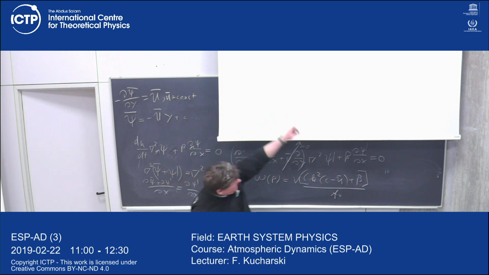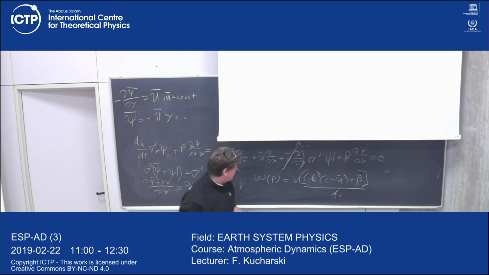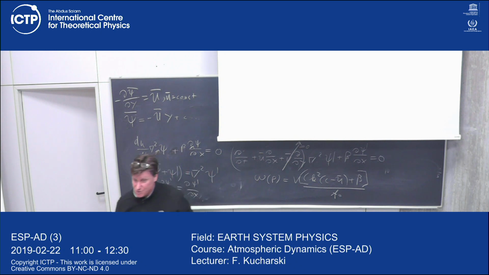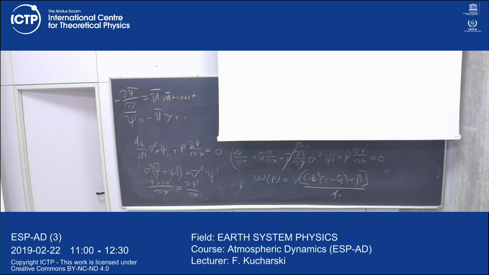If you insert that here, assume that k square is just a small k square, then this is 0. So that's consistent because we have assumed that the divergence term in our vorticity equation that would be on the right hand side that is proportional to the vertical velocity is 0. It's a consistent result.